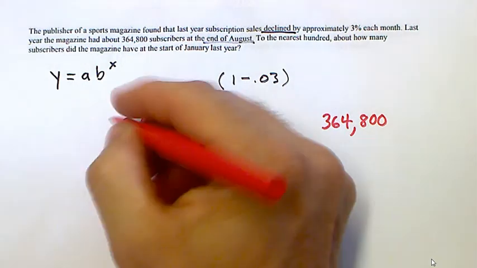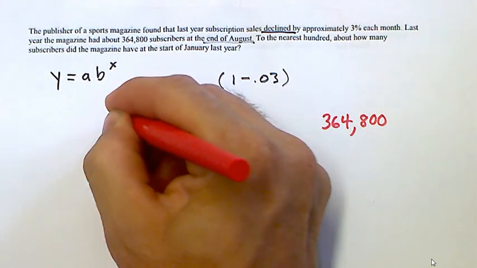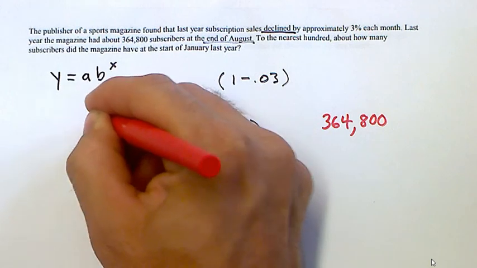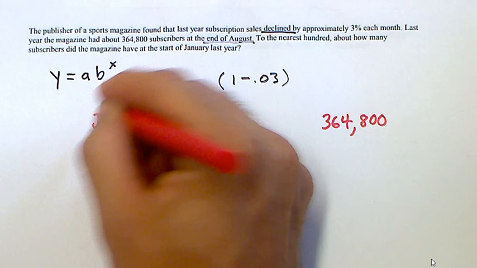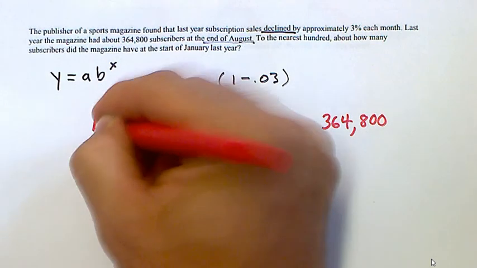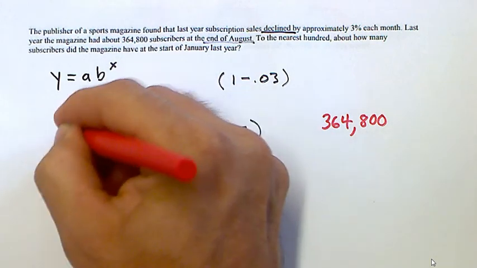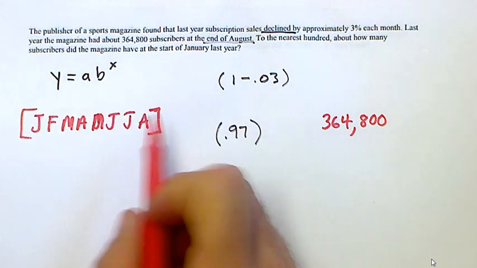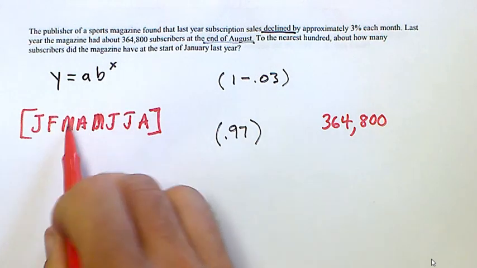So I'm going to go back in time here. July, June, May. Oh, that's a J. May, April, March, February, January. Okay, so that's about 1, 2, 3, 4, 5, 6, 7, 8 months.